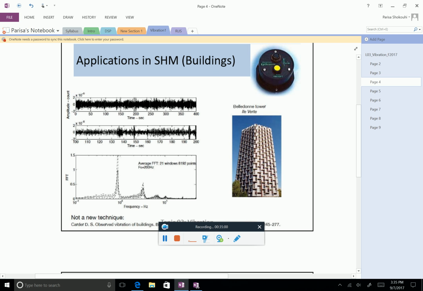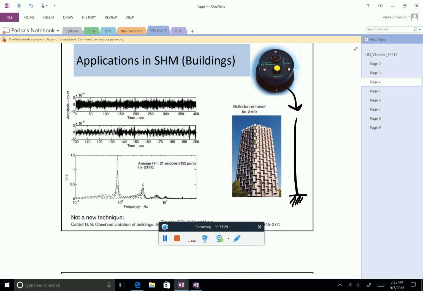This is being done also in buildings. It's very easy to measure this kind of resonance. In buildings, typically you just model it as one fixed free element, and then you place this triaxial accelerometer on the roof, and then you get the whole resonance of the building.